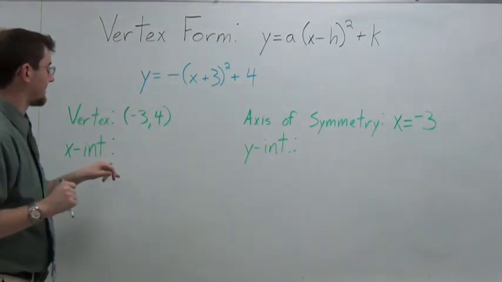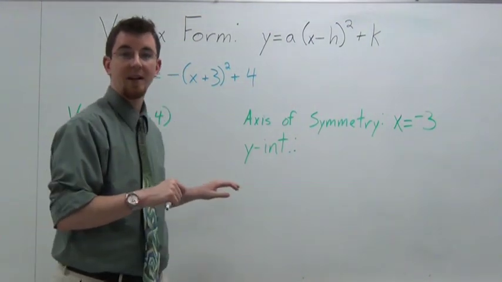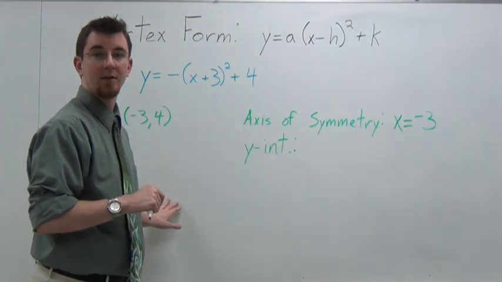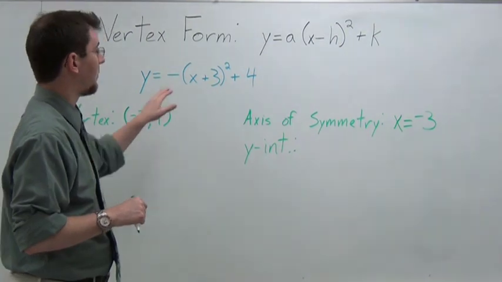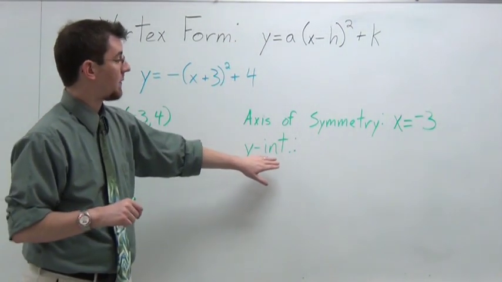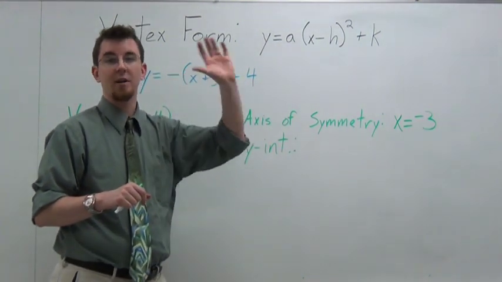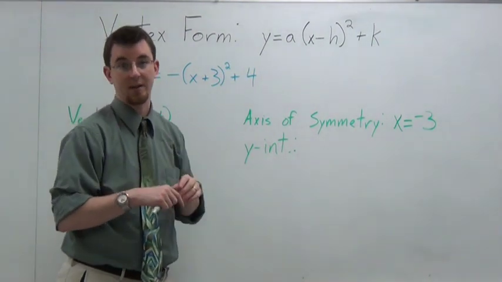Now, the x-intercept and the y-intercept take a little bit more work. To find the x-intercept, we're going to solve it using the square root method. And so basically what we're going to do is we're going to set y equal to 0 to find the x-intercept. And if we want to find the y-intercept, we set x equal to 0. So basically you're setting the other coordinate equal to 0, and that's where it's going to cross those axes.